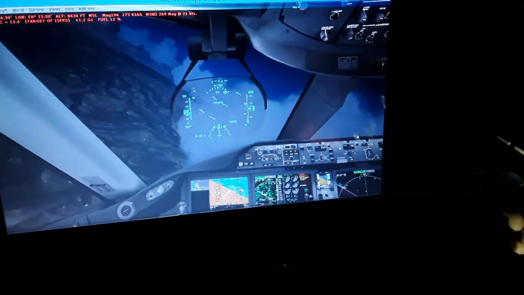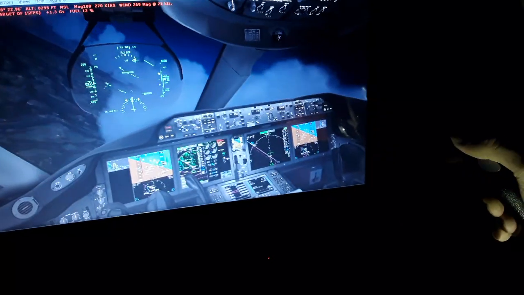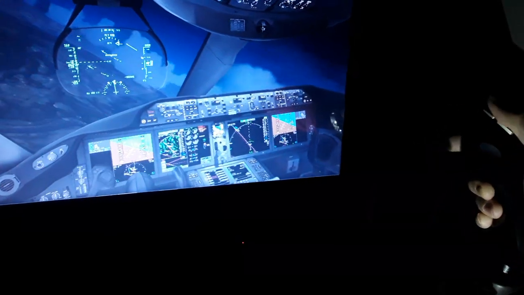Have to cross all the clouds over here. So we're gonna be aligned with the runway in a couple of minutes.